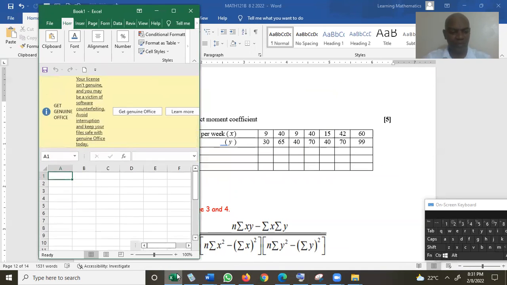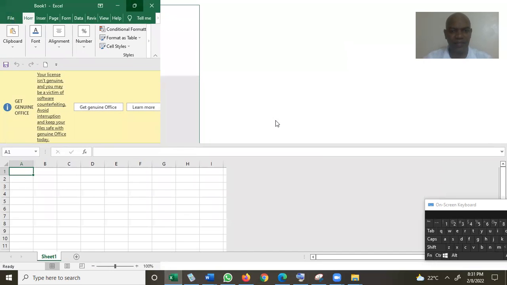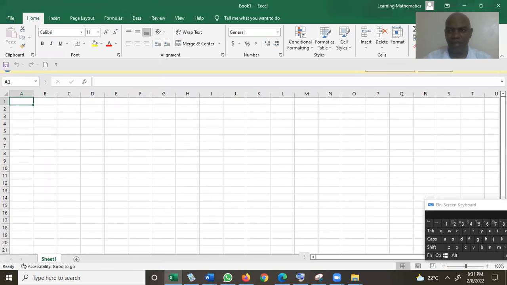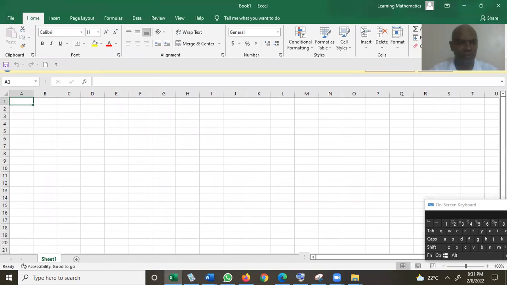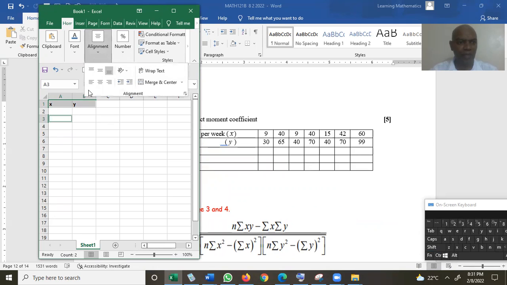We can call the first column X. The X values here are the hours of study, the independent variable, and the Y is the score, the dependent variable. The score depends on your hours of study.